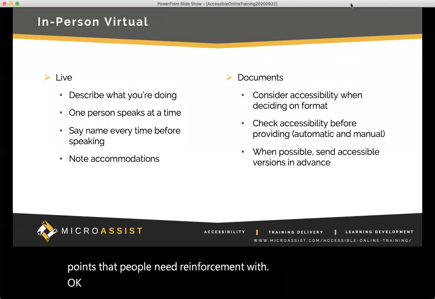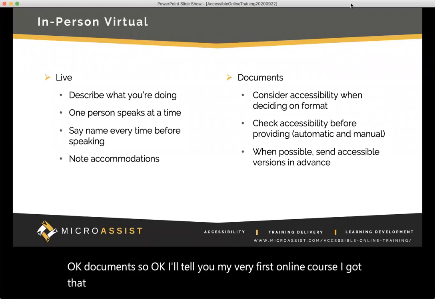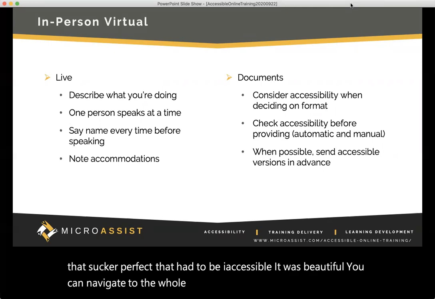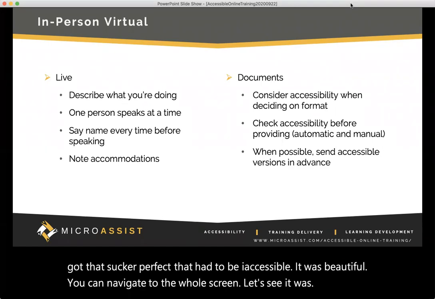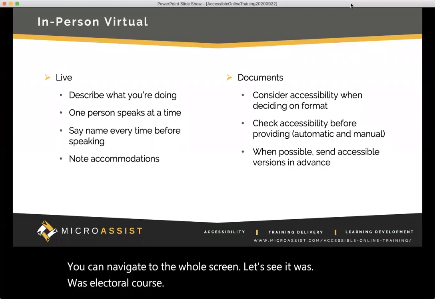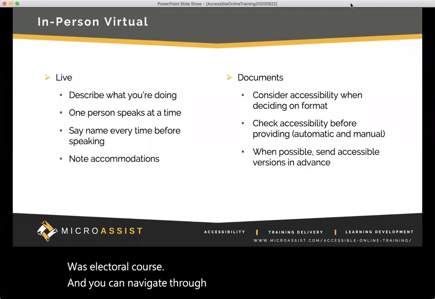Documents. So okay, I'll tell you, my very first online course, I got that sucker perfect. It had to be accessible. It was beautiful. It was a Lectora course, and you can navigate through the entire screen using the keyboard. Screen read everything fine.